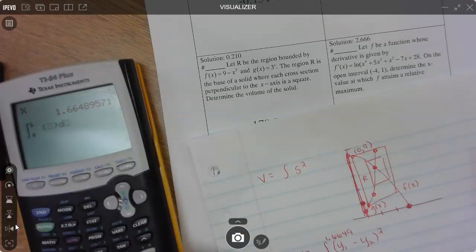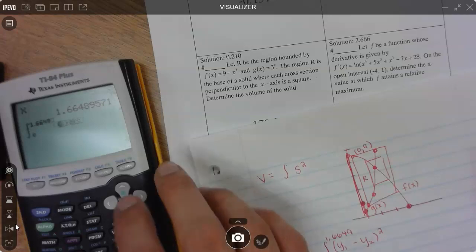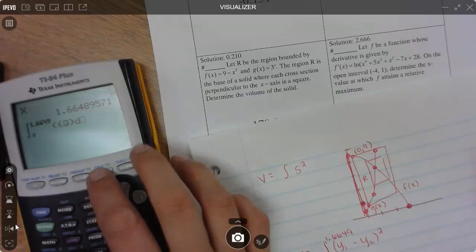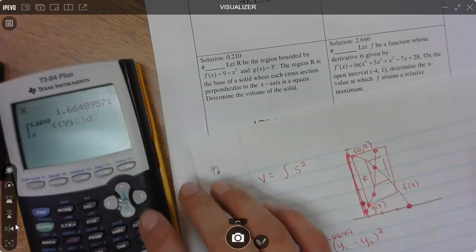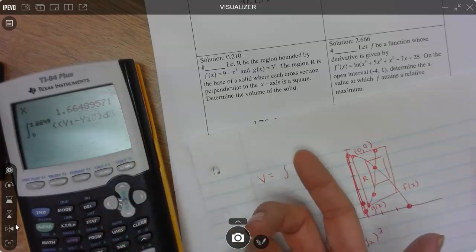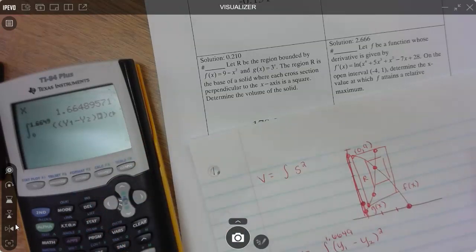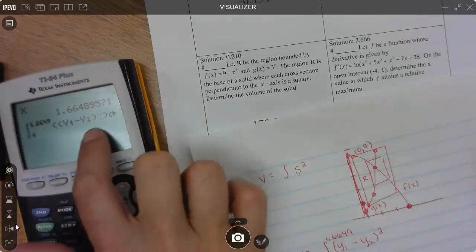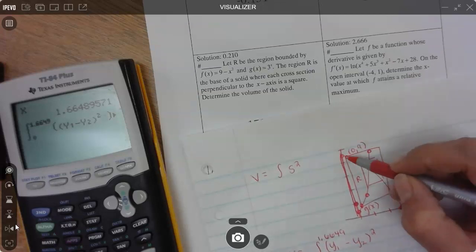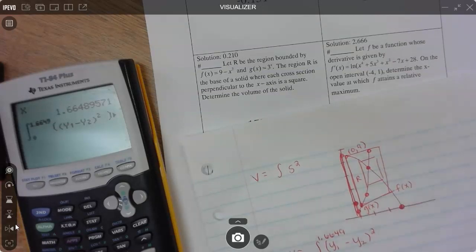Or if it makes you nervous, you can just type in that 1.6649, and then parentheses, alpha y equals y1 minus alpha y equals y2, because we stored f and g in there. I put them in parentheses so I can square it, because again, a side of a square is squared. So like base times height, where this is the base and the height.